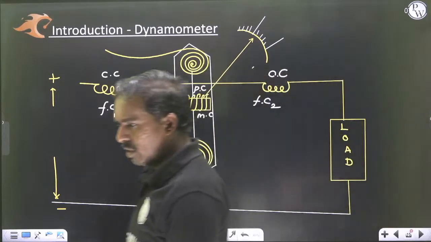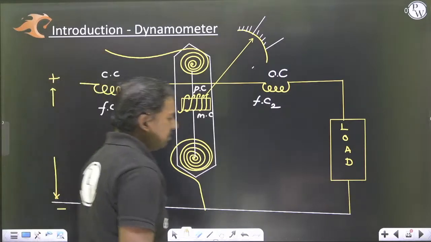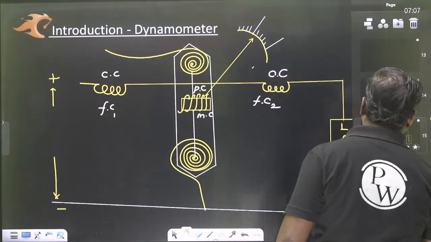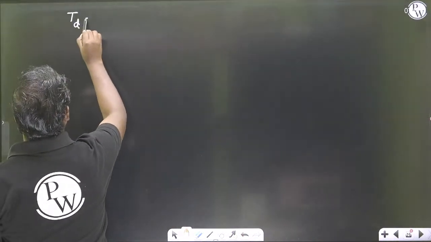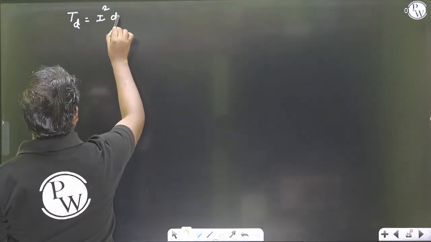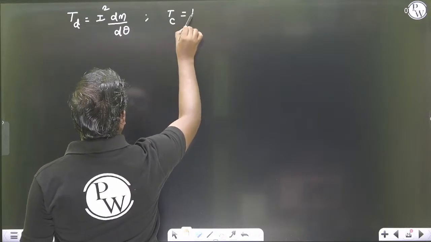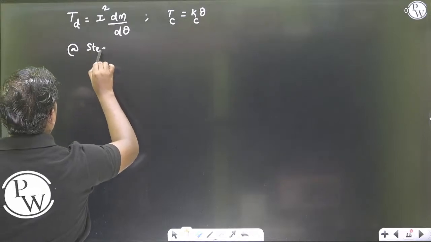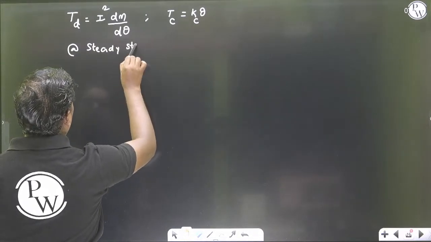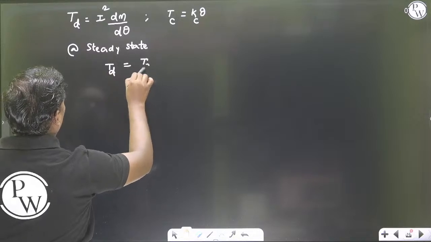So when it comes to the dynamometer expression, I am not going for the derivation. Deflection of the dynamometer, if you see, deflection torque is equal to I square dM by d theta, controlling torque is equal to Kc theta. So at steady state, deflection torque is equal to controlling torque.